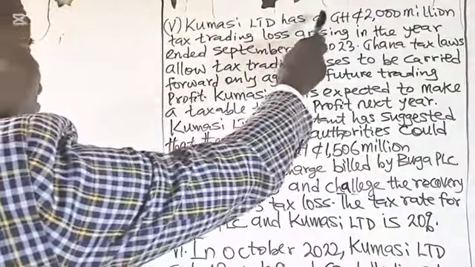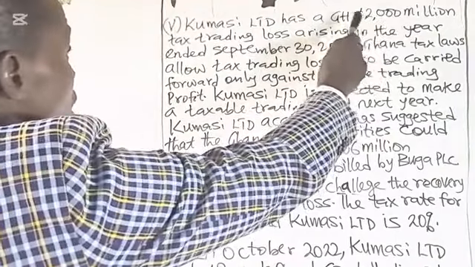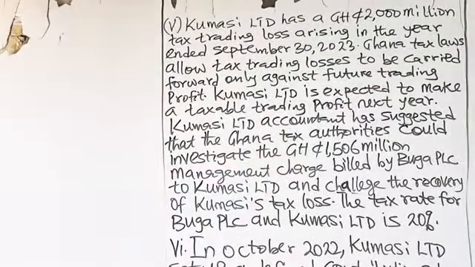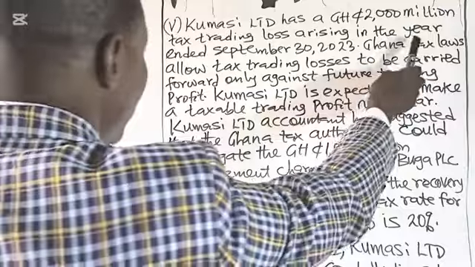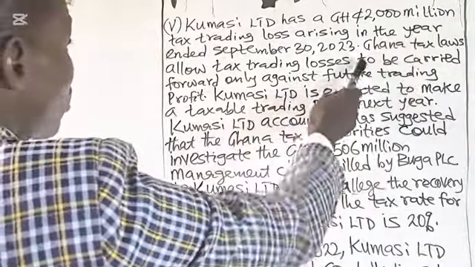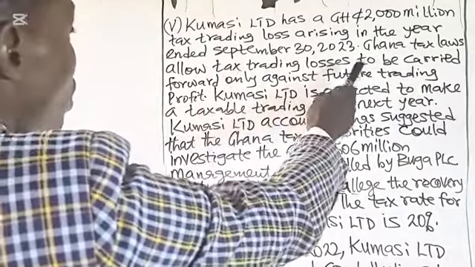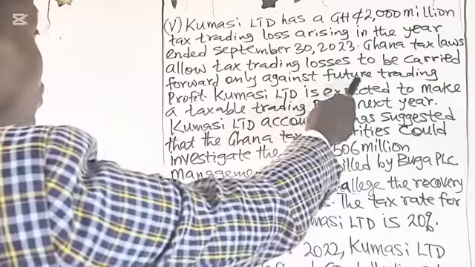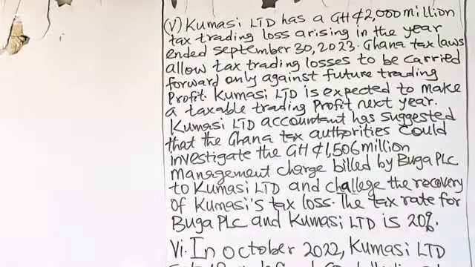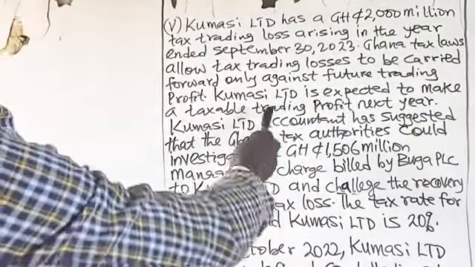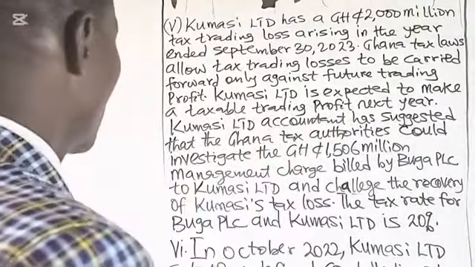Note 5. Kumasi Limited has a 2 billion Ghana cedis tax trading loss, arising in the year ended September 30, 2023. Ghana tax laws allow tax trading losses to be carried forward only against future trading profit. Kumasi is expected to make a taxable trading profit next year.